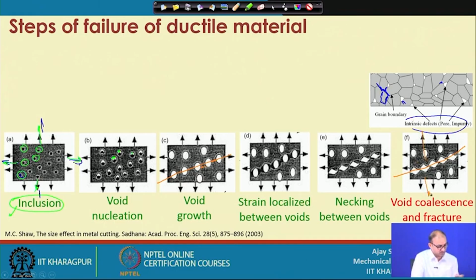The objective of showing this slide is that every material has a defect, and that defect will be a nucleation site for the deformation or the cutting of the material.